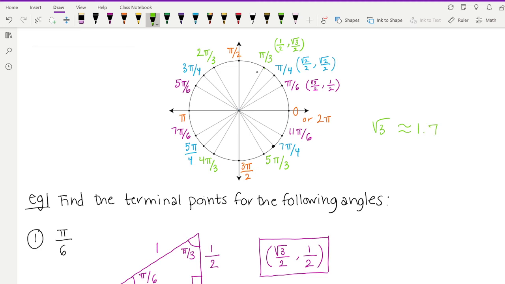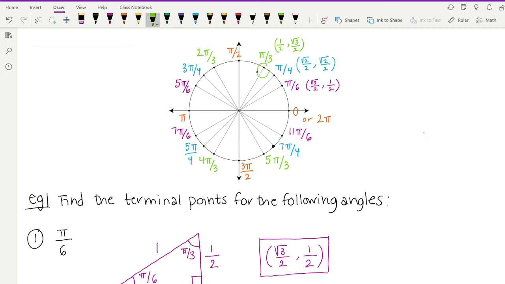It's definitely bigger than 1, and so square root of 3 over 2 is definitely bigger than 1 over 2. So if you know that the two sides of these 30, 60, 90 triangles are 1/2 and square root of 3 over 2, 1/2 is always going to be the shorter distance and square root of 3 over 2 is going to be the longer distance.